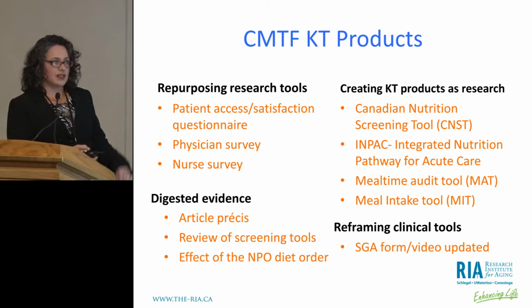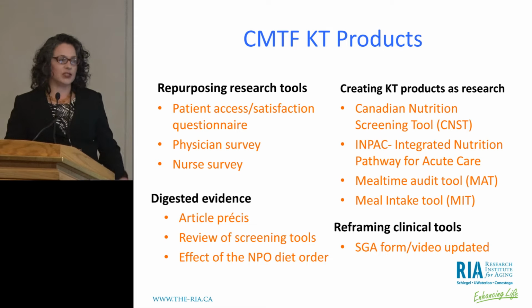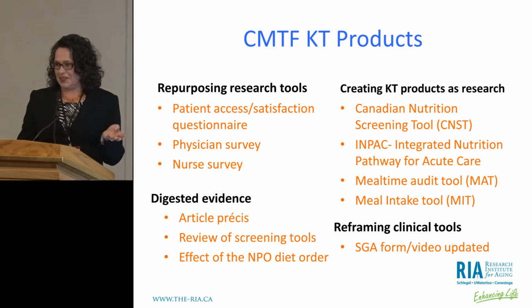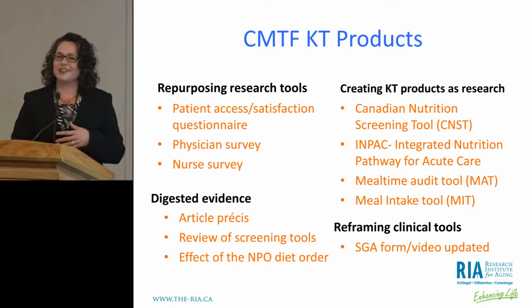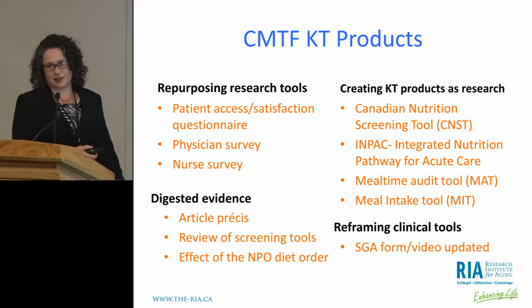We've also digested evidence, and so we've certainly got publications out there. I believe we have 10 publications now from the CMTF and about 4 or 5 more in the works. But rather than giving a manuscript to someone, which they can't necessarily digest, we actually make précis of all these articles, and we have reviews on our website.